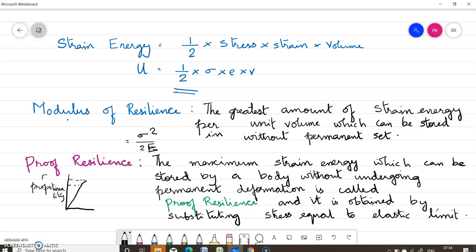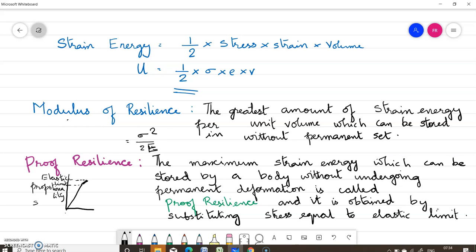That point is known as elastic limit. It will regain its original shape on removal of this load, but the variation will not be a straight line. So the stress corresponding to that point is known as elastic limit.